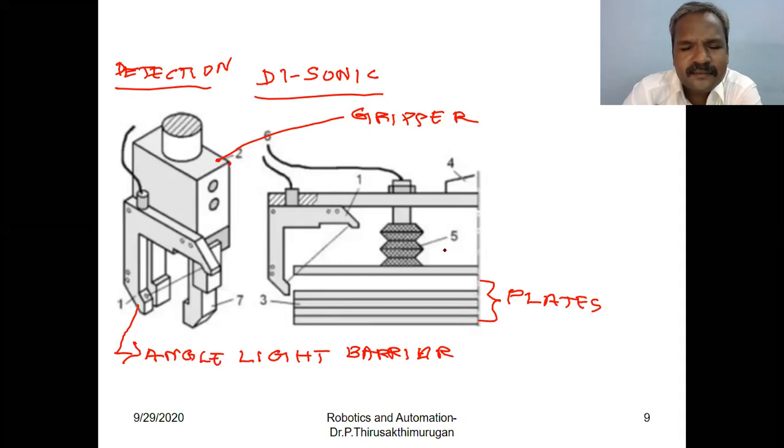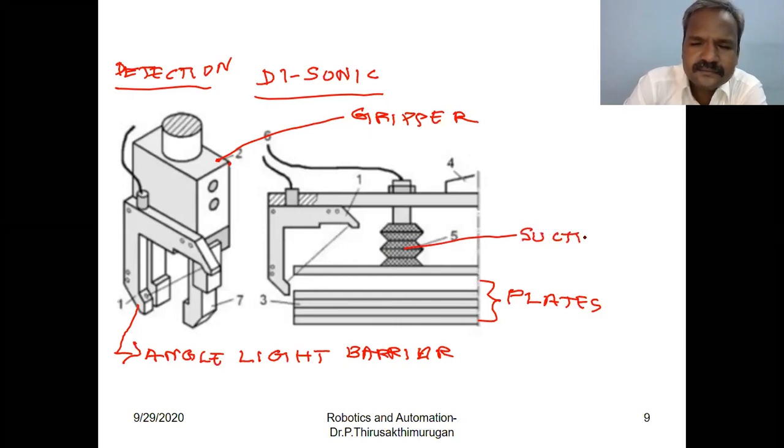Suction cups. Okay, these are all suction cups, or vacuum cups.